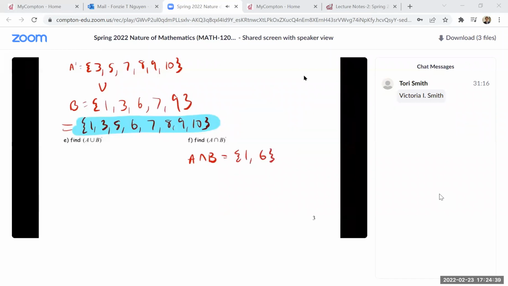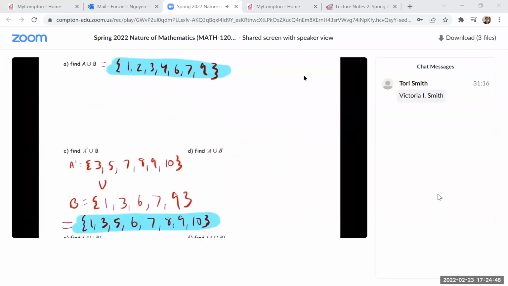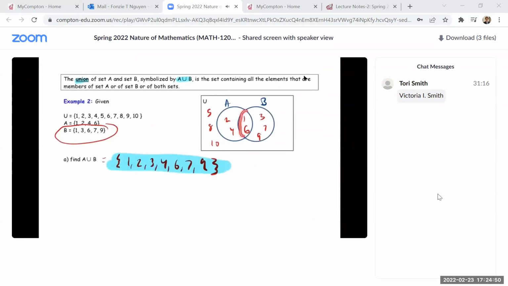But then they want the complement of that. So now we have to figure out what's everything outside of 1 and 6. 5, 8, 10, 2, 4, 3, 7, and 9.